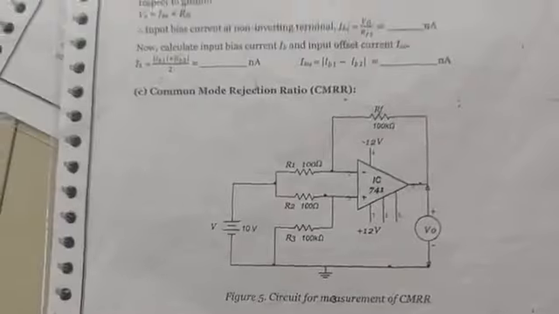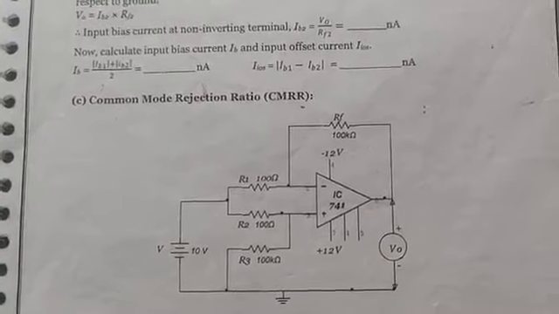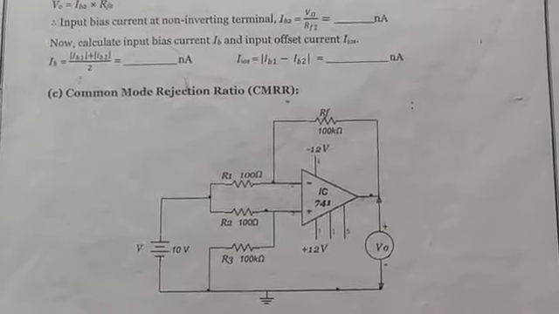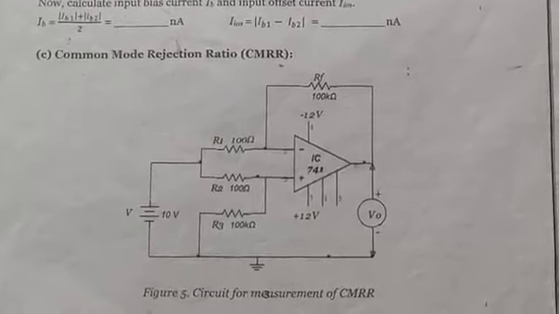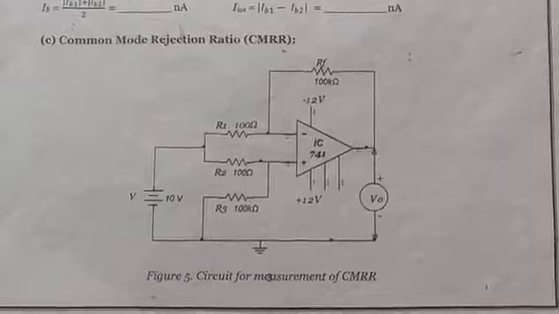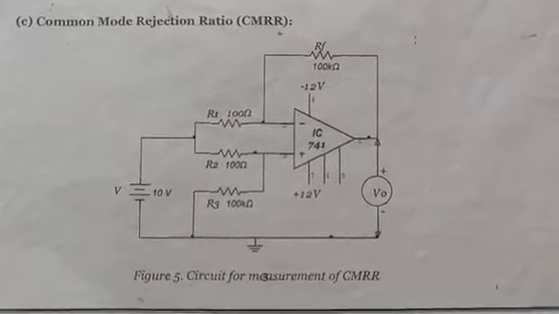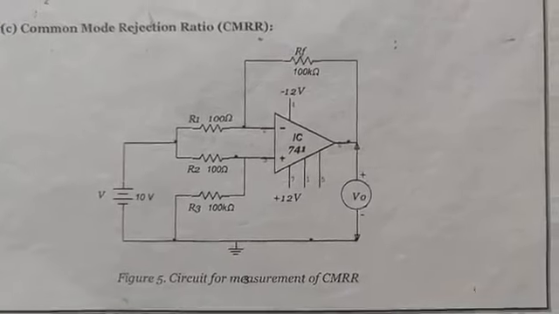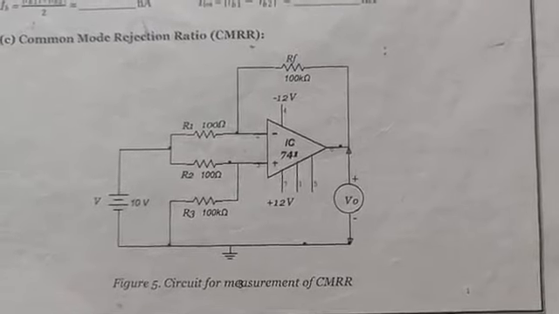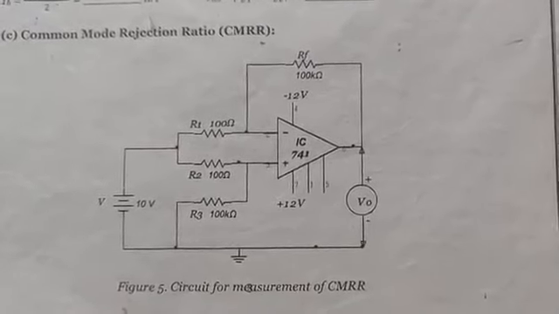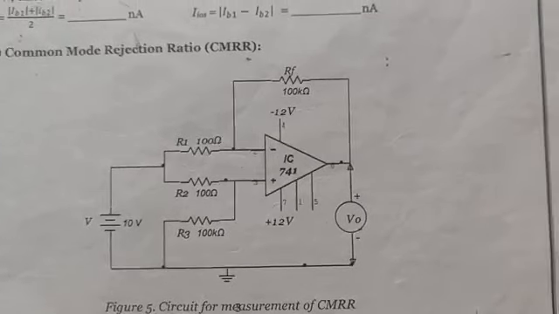Now, we are interested in the third parameter, which is called CMRR, that is nothing but common mode rejection ratio. How is this circuit going to be connected? You see in this circuitry, inverting terminal and non-inverting terminals are connected with the 100 ohms, and they are connected with the plus 10 volt to the ground. The non-inverting terminal is also connected with the resistance R3, which is supposed to be 100K, and it is grounded.